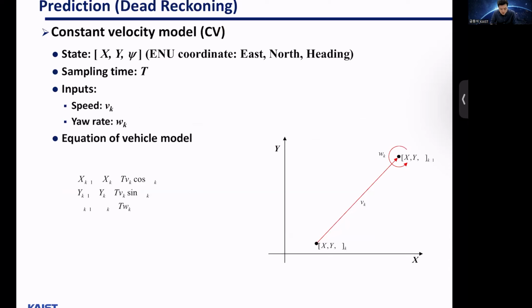But depending on which model you use, you could assume that the velocity is constant over that sampling time. Then you can use a constant velocity model, and you can use these equations of motion.